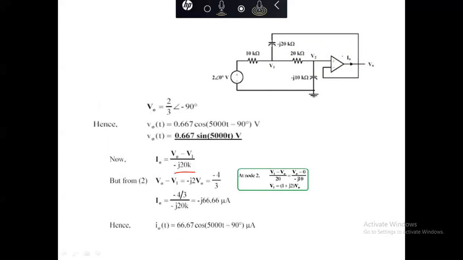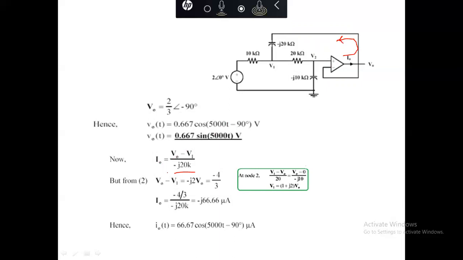So I naught is in fact fed back here as we have seen in the previous case. So I naught is equal to (Vout minus V1) by j20K.